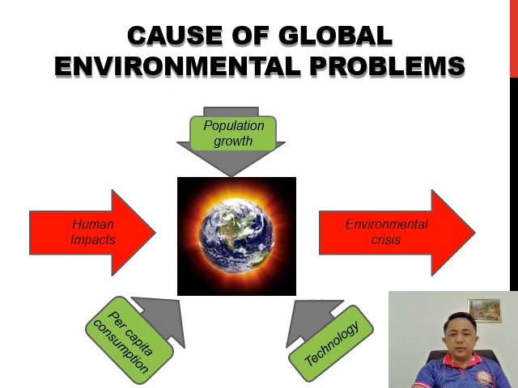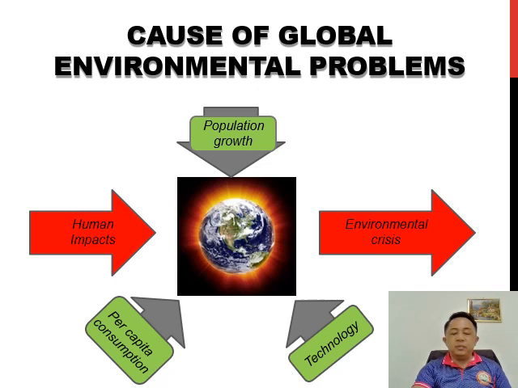Most of you will ask, bakit naging environmental problem ang technology? Well, the answer is that some of the technology that we have developed during this century contributes to the production of greenhouse gases.